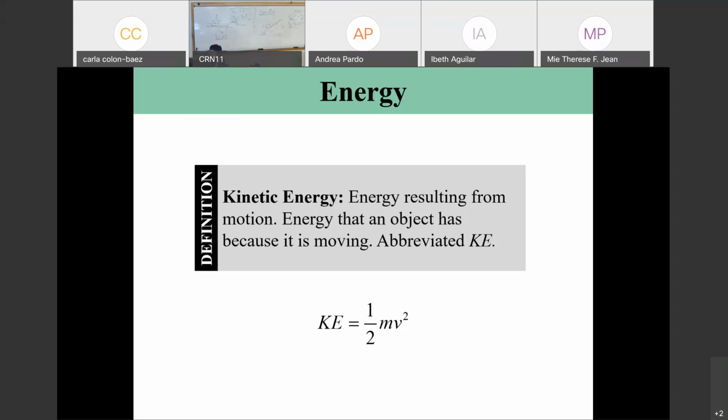And you will see that we're going to use it a lot in conservation laws. For example, guys, when you have a roller coaster, I'm sure many of you have been in a roller coaster before. There is a moment when the roller coaster is going, remember we talked about the force of gravity and your stomach going up? That's the whole idea behind forces and the centripetal force on the loop.